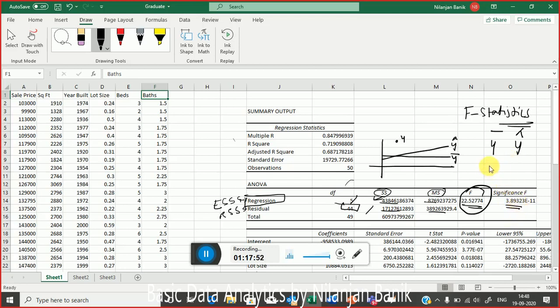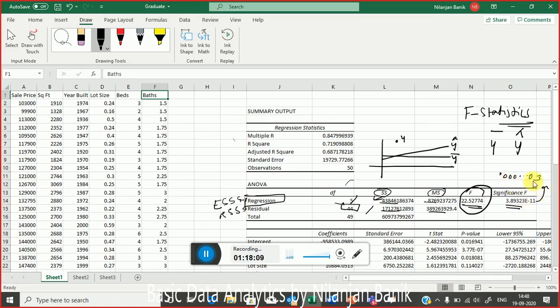Let me show you or tell you a rule of thumb. If this value, so this value is actually 0. You can see E minus 11. What does this mean? After the point there are 11 zeros and then this 3. Okay.